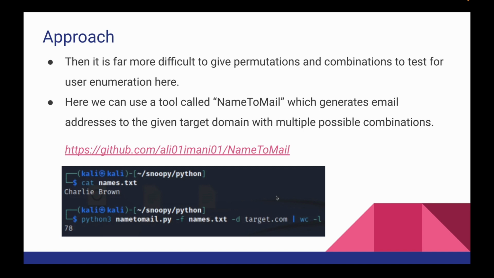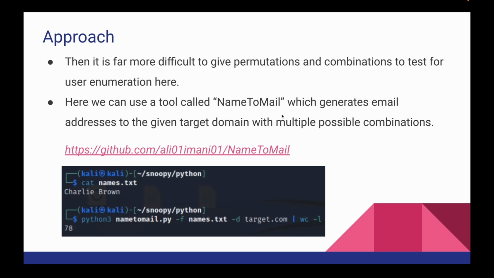Let's say you are testing a Tesla application. You can give tesla.com, and give any Tesla employee's first name and last name over here, and you can basically get various permutations and combinations of mail addresses that can be used by tesla.com.